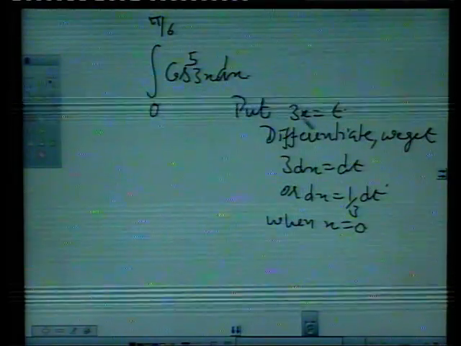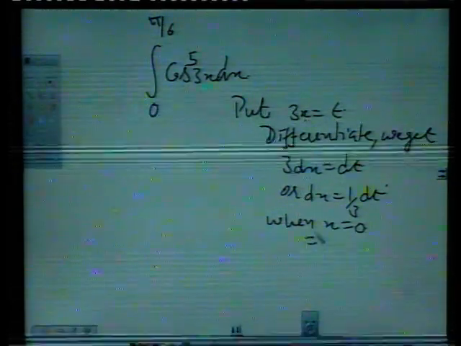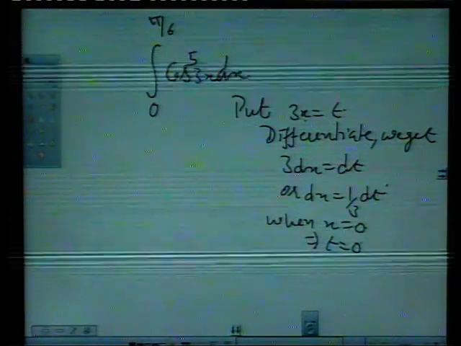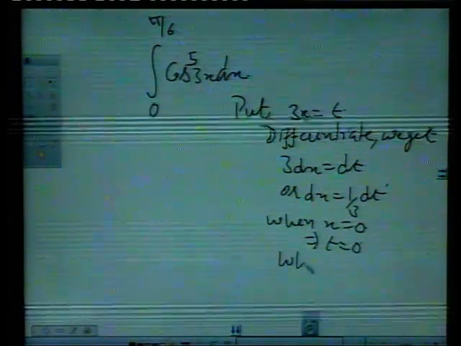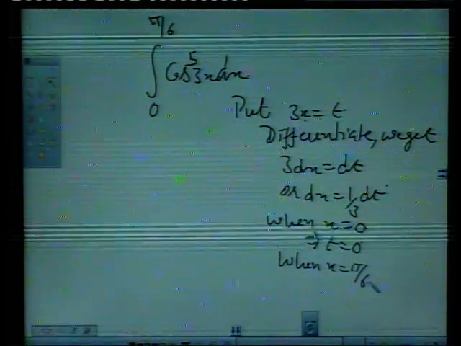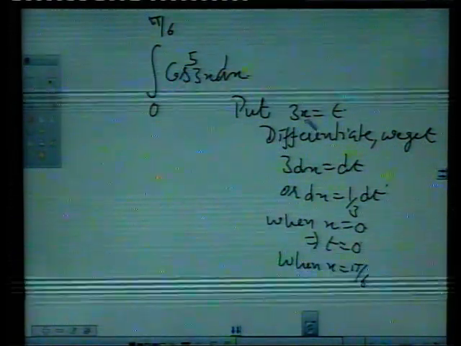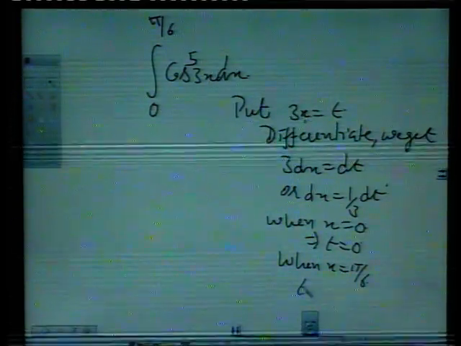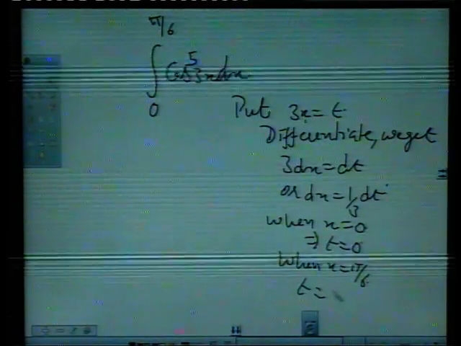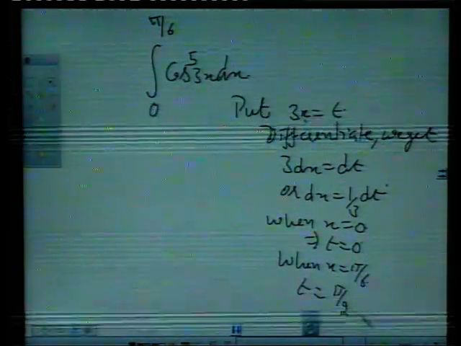Here, when x is equal to 0, t also becomes 0, and when x is equal to pi by 6, substitute pi by 6 and find the value of t, you will get t is equal to pi by 2.